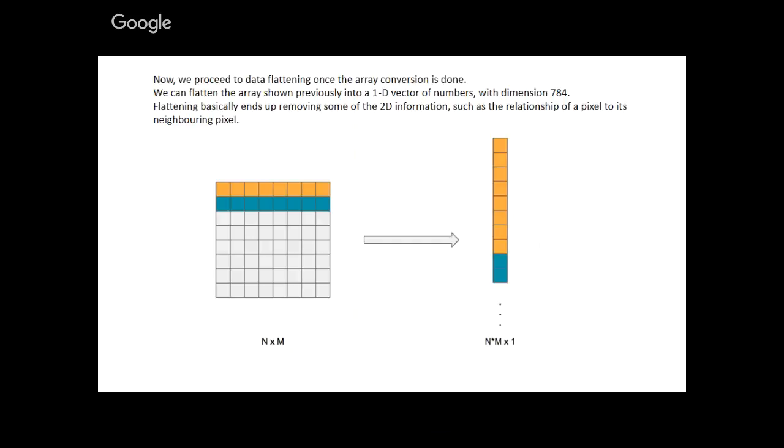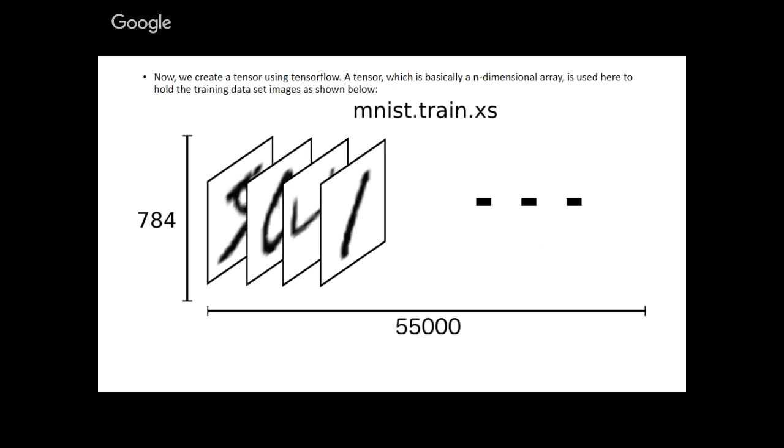This is called flattening. Flattening ends up removing some of the 2D information and reduces its size in the database, and it gives a relationship of a pixel to the neighboring pixel, like how is its intensity, is it light or dark. We can see it gives the relationship.